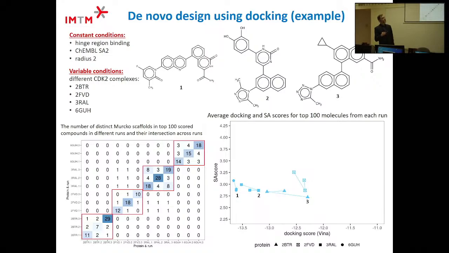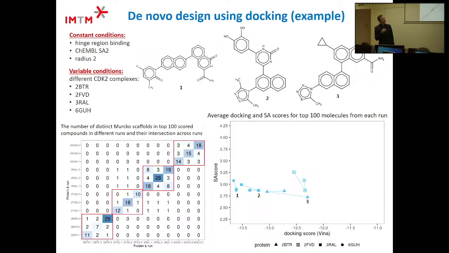Also, we repeated all these runs in triplicate to better understand reproducibility because it performs a stochastic search. And here we count the number of unique Murcko scaffolds in the top 100 scored compounds. So these numbers mean how many unique scaffolds were discovered within each run. So 11, 7, 20, and so on.